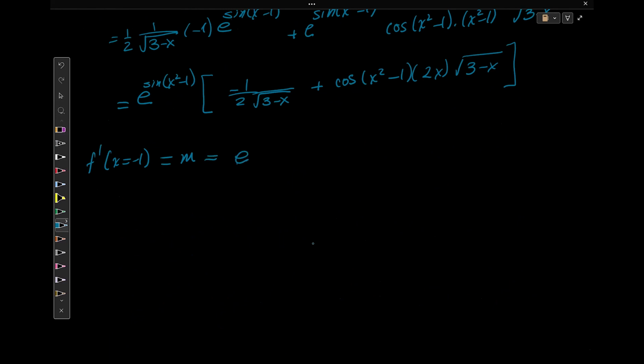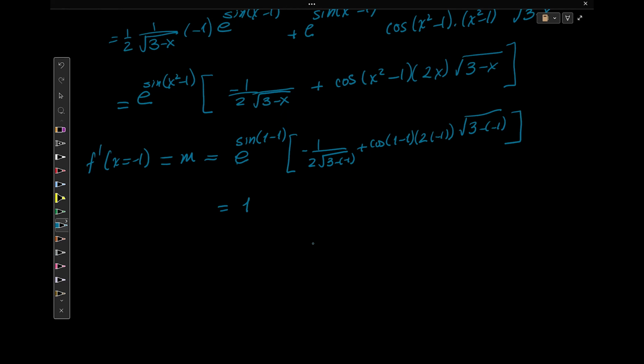So e to the sine, negative 1 squared is 1. So that's going to give me a 1 on top. You have 1 over 2, 3 minus 1, plus cosine. Here's going to give me a 1 minus 1, which is a 0. 2 times negative 1, square root of 3 minus 1.